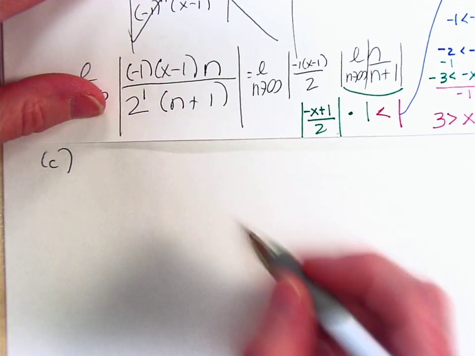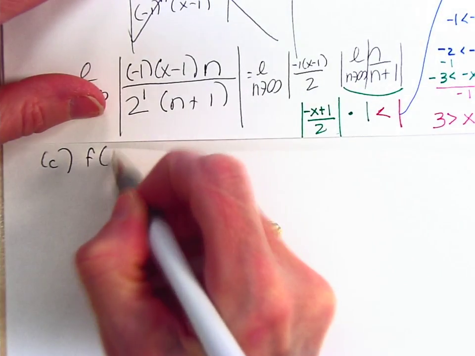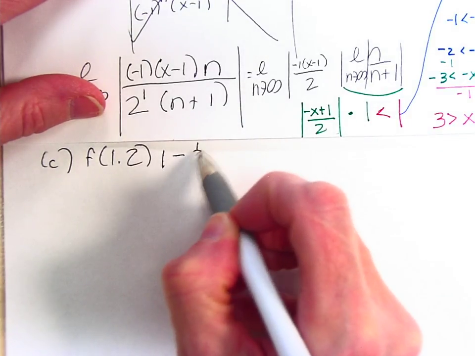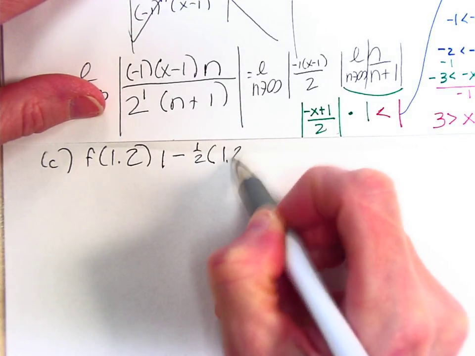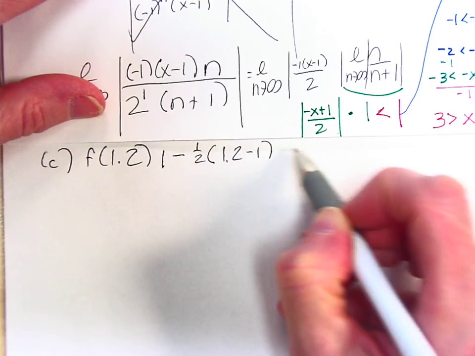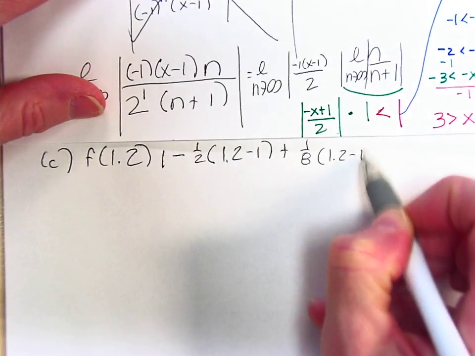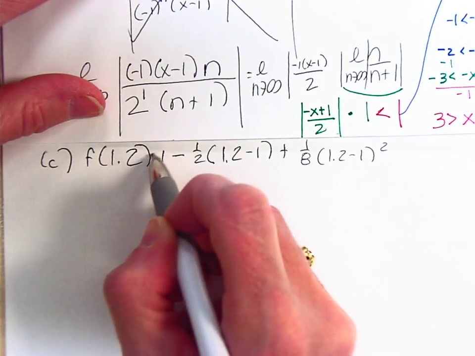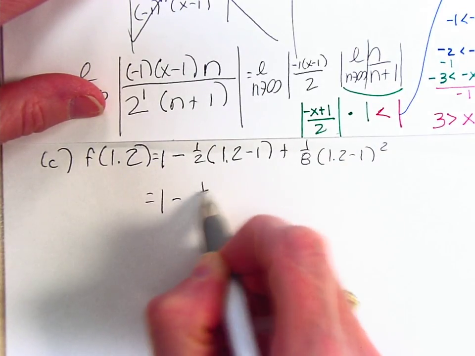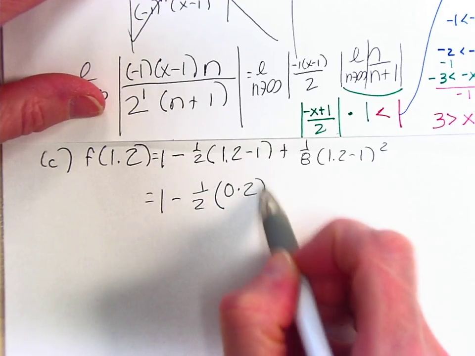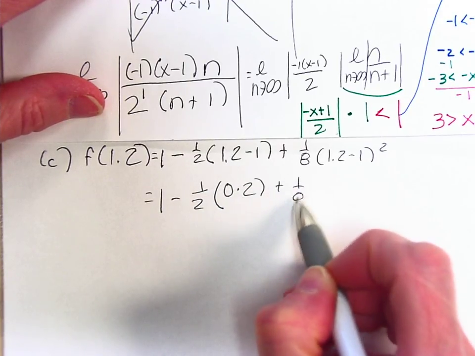So we're just going to say f of 1.2 using the first three terms would be 1 minus 1/2 times 1.2 minus 1 plus 1/8 times 1.2 minus 1 squared. This is a no calculator problem. So you should be able to take these numbers and work with them.